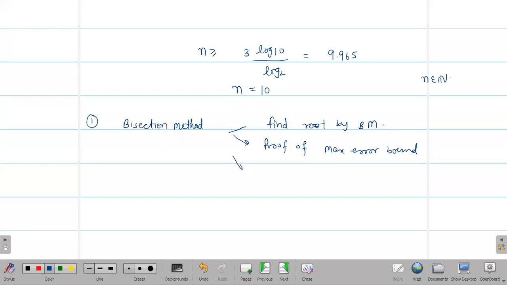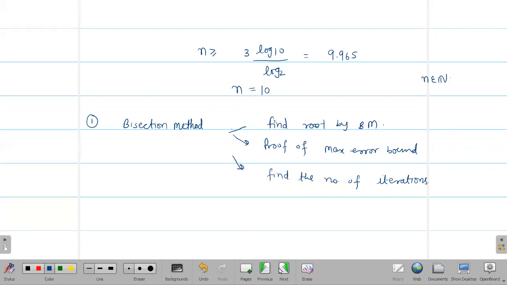And third, find the number of iterations, that you have to find if tolerance is given to you. Okay, so now you can do any question of bisection method.